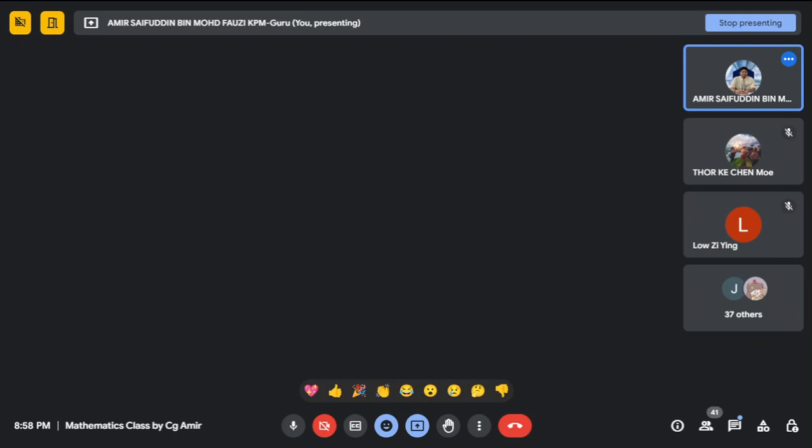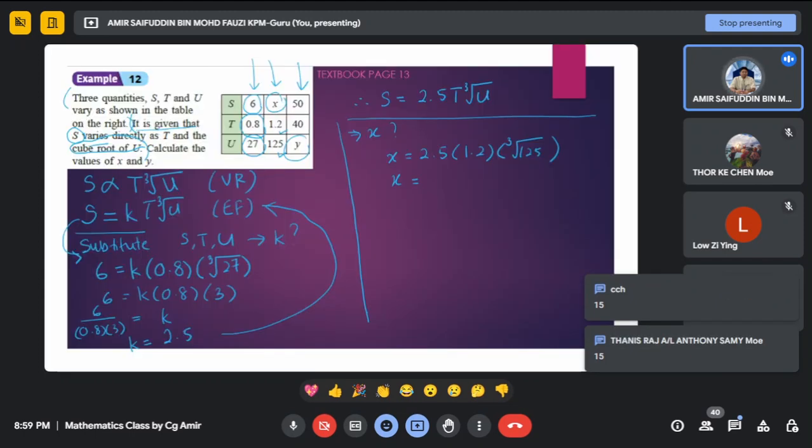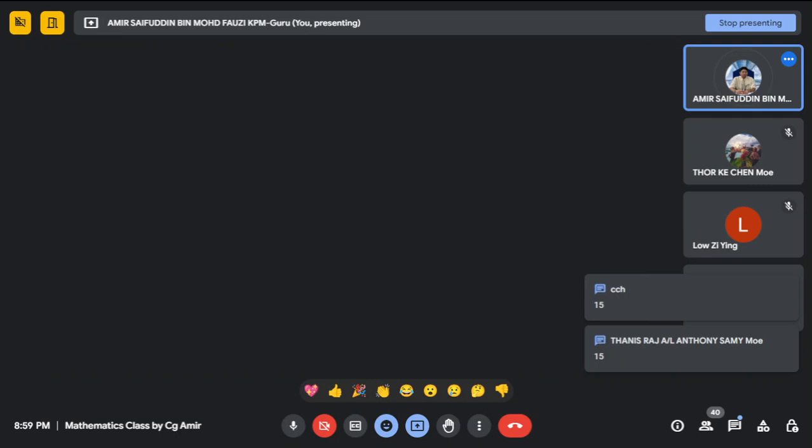You can use your calculator and you get the value for x, which is 15. Yes, 15. So the value for x is 15.